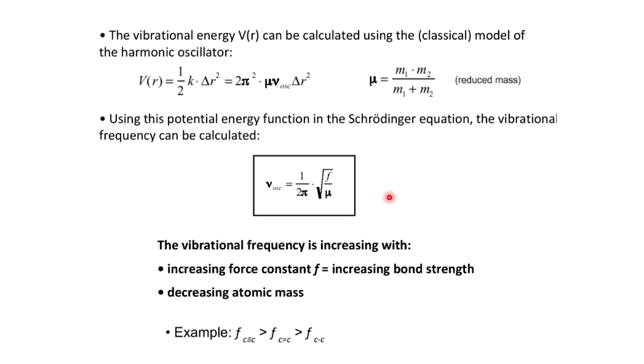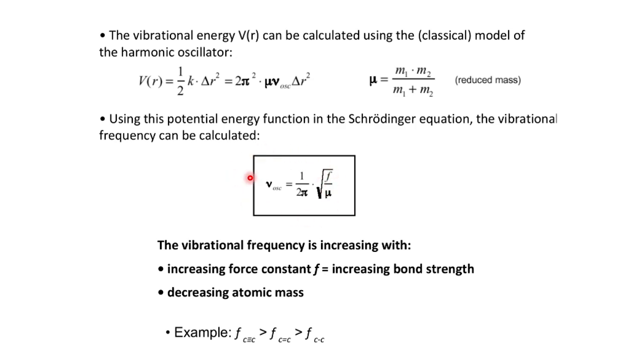Now the vibration energy from the SHO model is equivalent to half k delta R square, and that is again equal to 2 pi square mu into mu OSC, that is the frequency of the oscillator, and delta R square. Now mu is the reduced mass, that is m1 m2 divided by m1 plus m2, and if you solve this equation, you will get the frequency as 1 by 2 pi times root over f by mu.